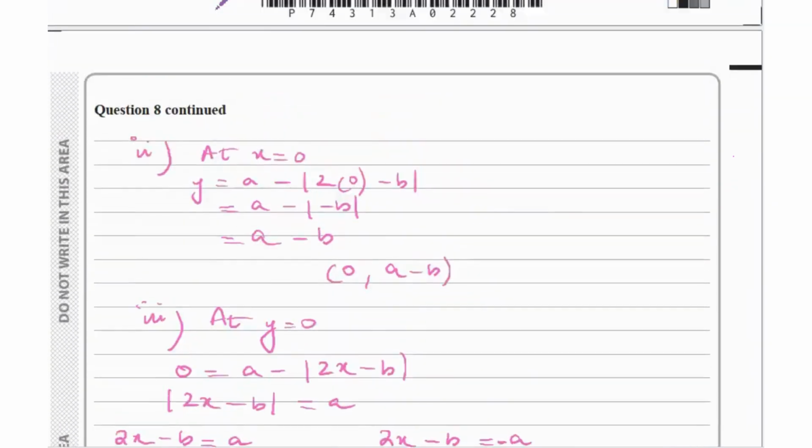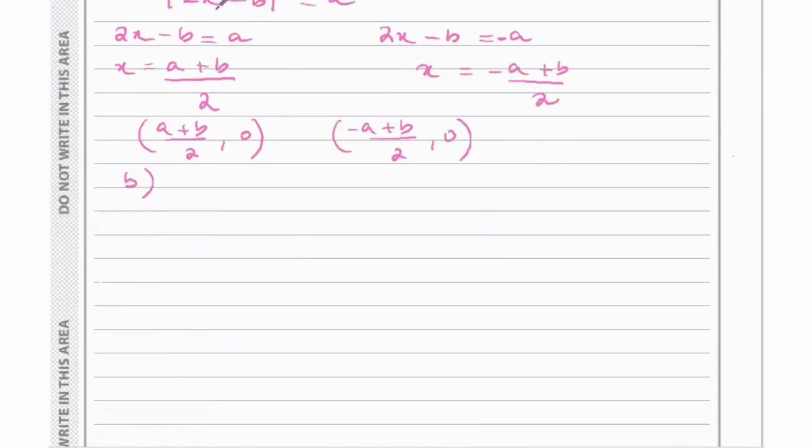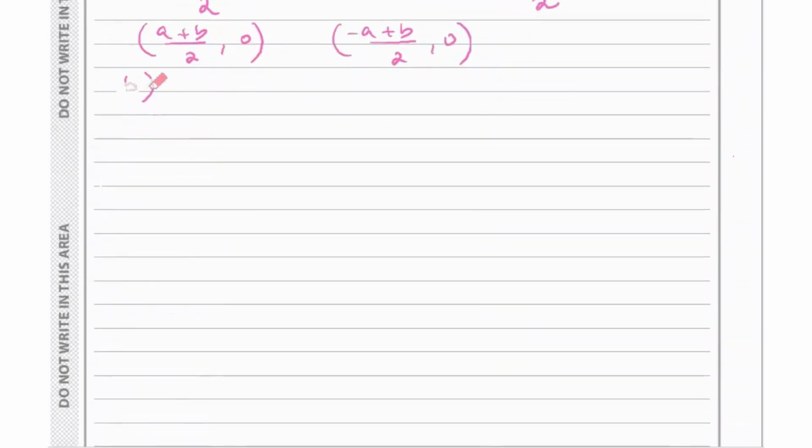This is part B. So the absolute value of x minus 1 equals a minus the absolute value of 2x minus b.